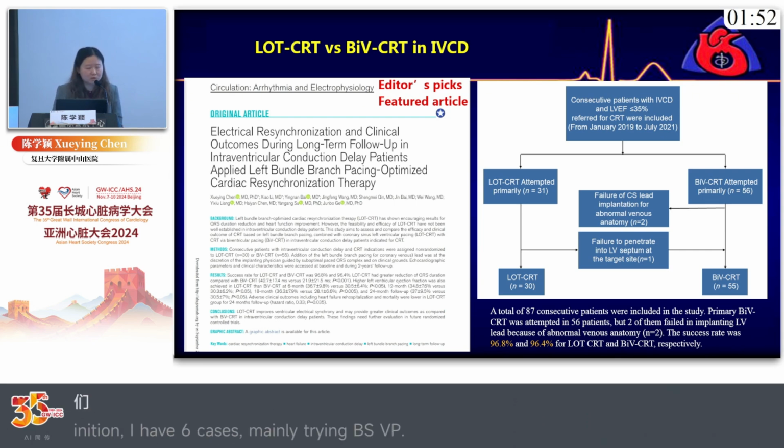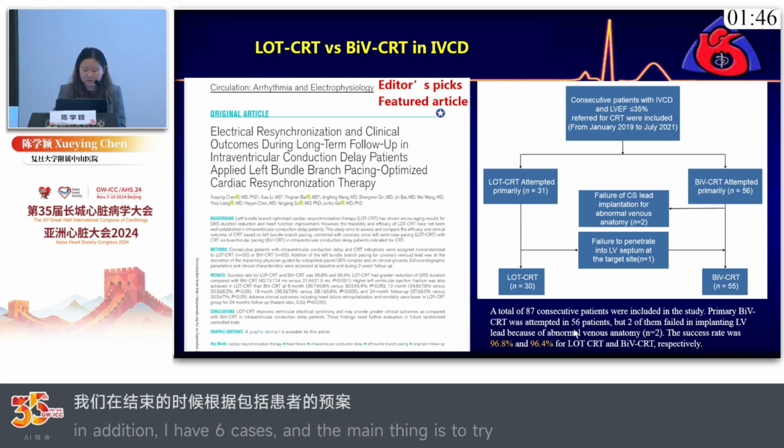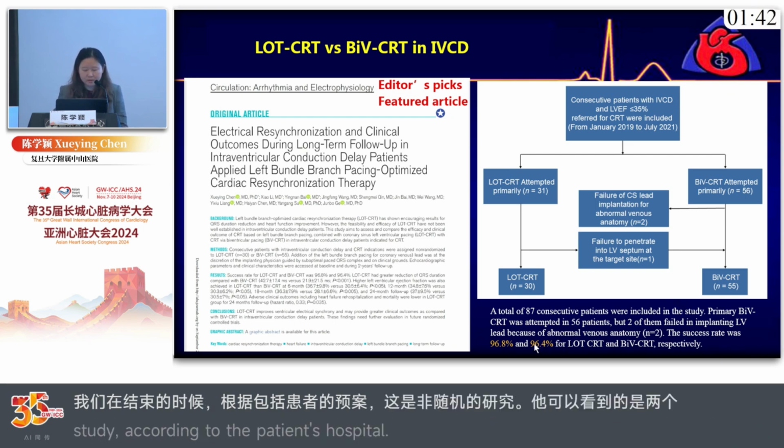So it's a non-randomized study, and in the end, the success rate of both the BiVP CRT group and the LoT-CRT group is quite high, over 96%.